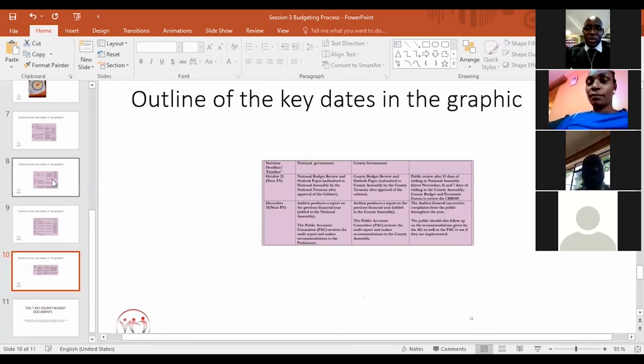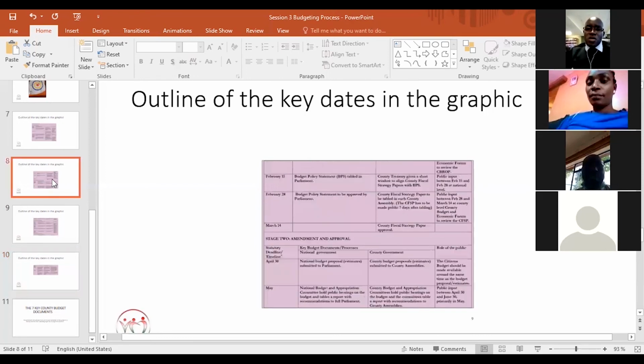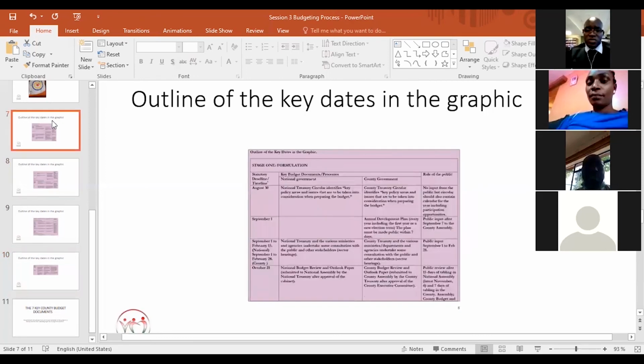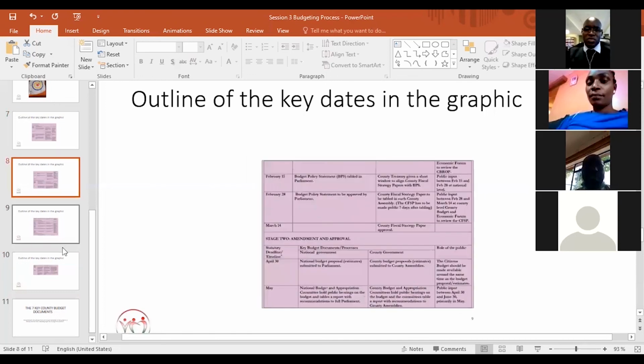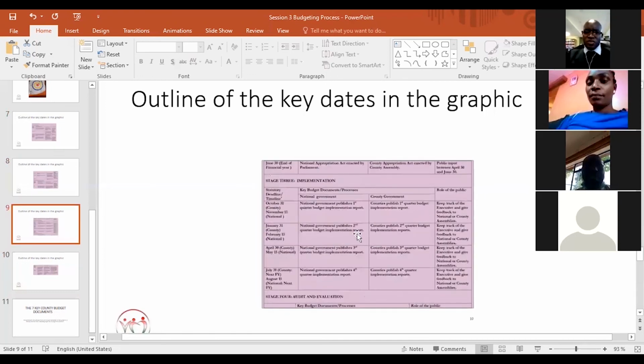So that is why it is essential for us as budget champions. Like now, at this stage 3, the implementation report, we need to play a key role. We need to know, is the county utilizing resources the way it said it was going to utilize them?